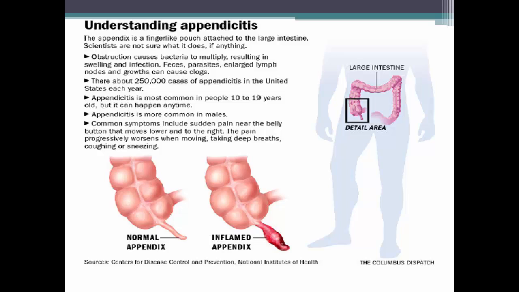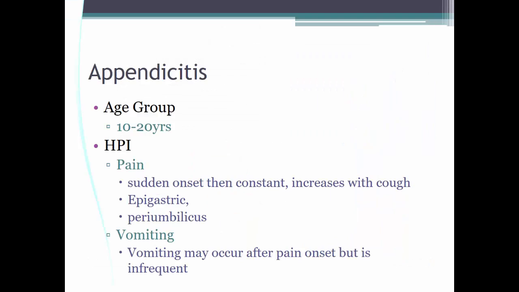Now, let's talk briefly about appendicitis pathophysiology to refresh, and then go through the symptoms and treatment. So, appendicitis is an acute inflammation of the appendix that typically results in acute abdominal pain.